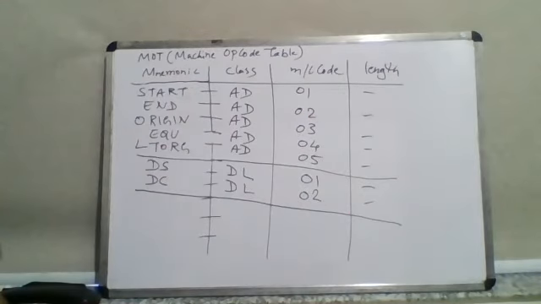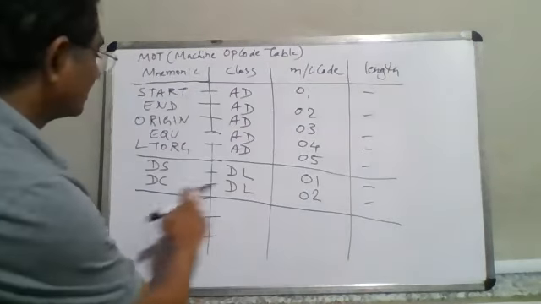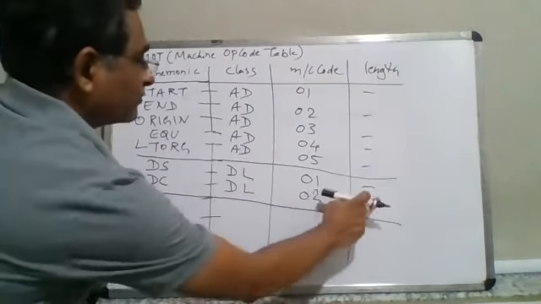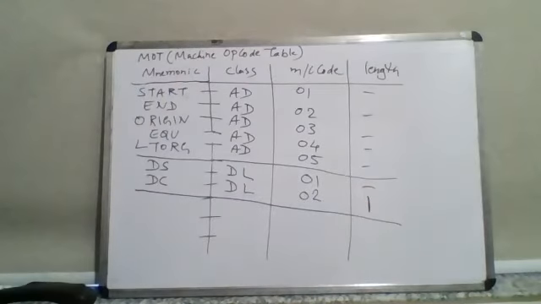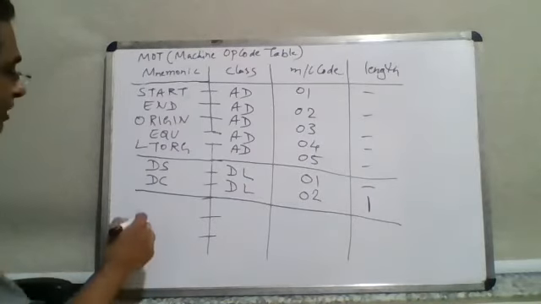Also remember that the statement declare constant, DL with the number 2, is going to have a length of 1. Declare storage will not take any length, but declare constant will take one length in the program, so the location counter needs to be appropriately adjusted.